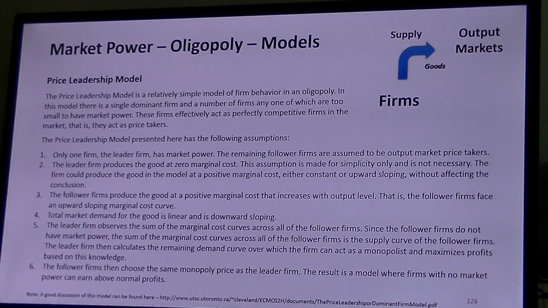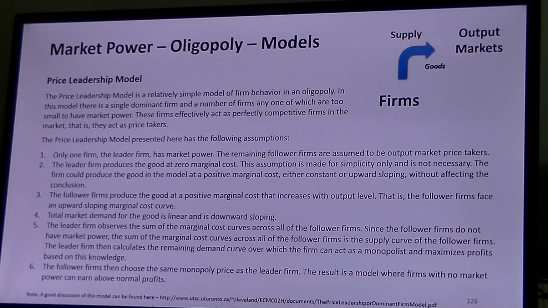So it can see that, and it says, "Oh, okay, I can see what they're going to do, how they would react." Essentially, the firm can see how the follower firms will react to its leadership. So it knows how the other firms will react.